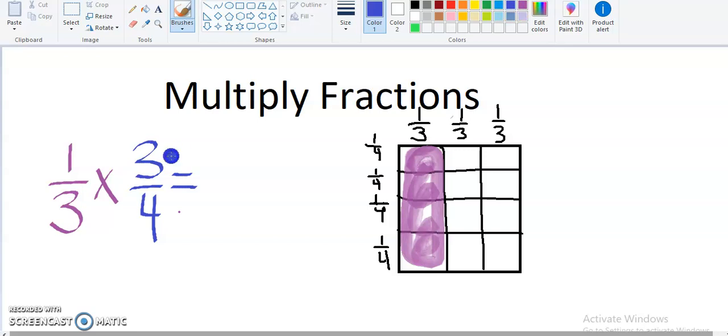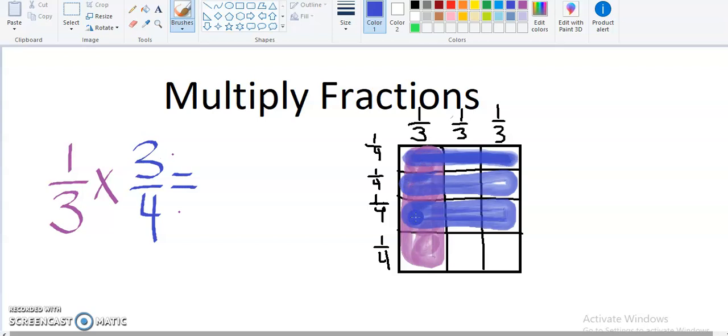And let's look at 3/4. So I have 4 units as the length here. But I only want to shade in 3. So let's shade in 1, 2, and 3 for 1/4, 2/4, and 3/4.